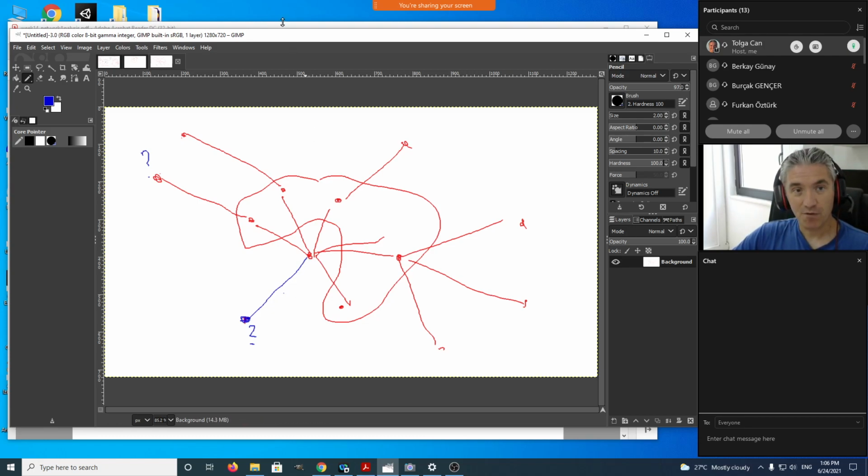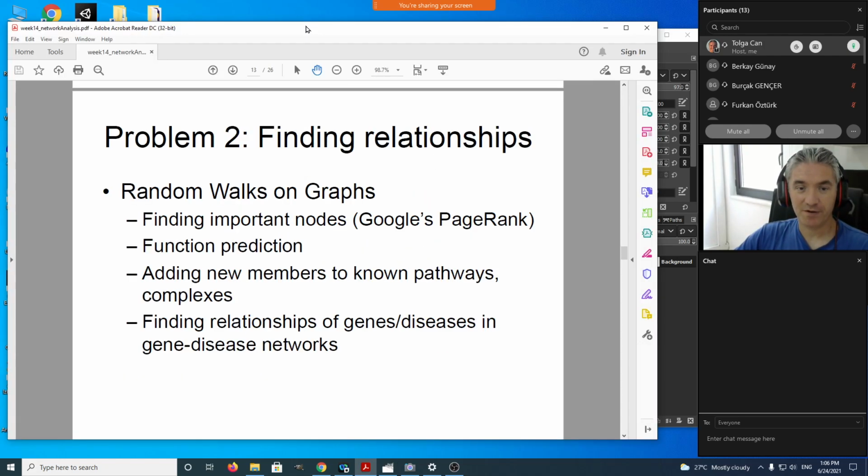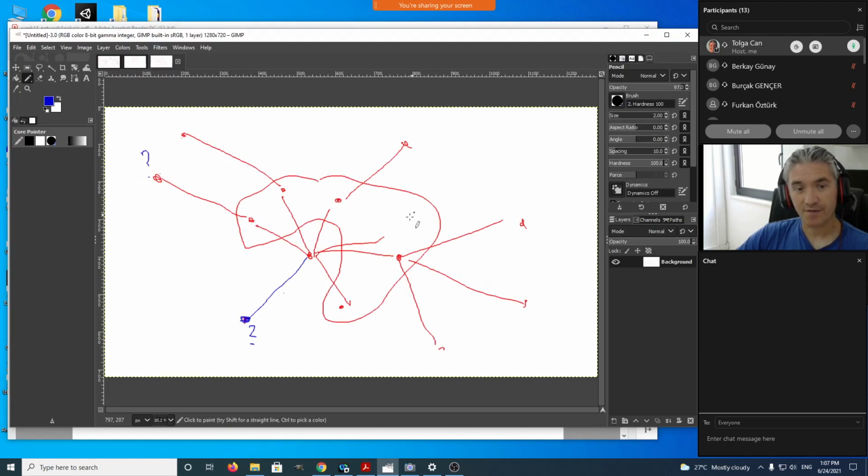So random walks on graphs reveal such kind of secondary topologically strong relationships between nodes in the graph. And the algorithm is very related to Google's PageRank. There are different uses of these random walks on graphs. The application that I described here is called random walks with restarts.